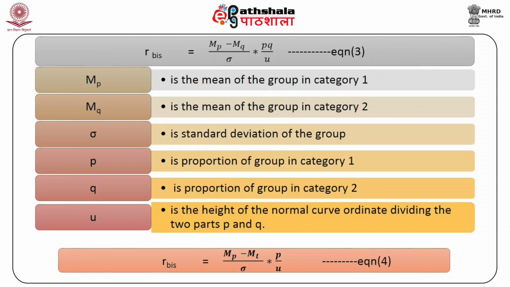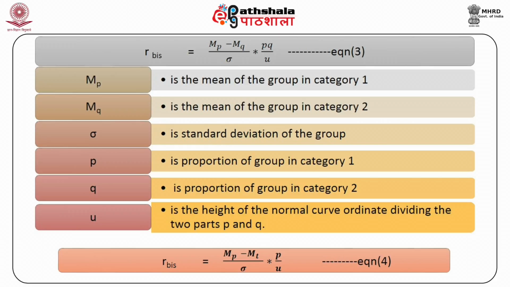The formula is R bis is equal to Mp minus Mq divided by sigma, multiplied with square root of pq upon u.